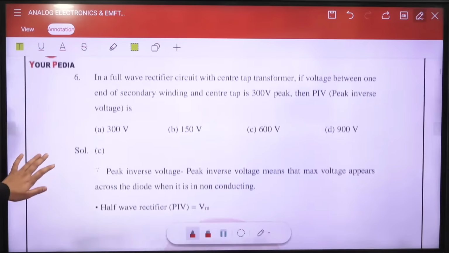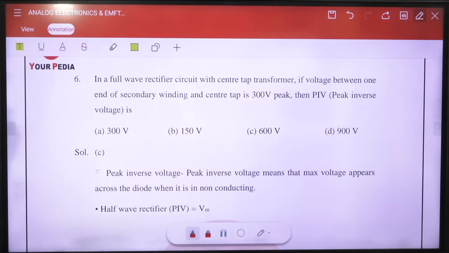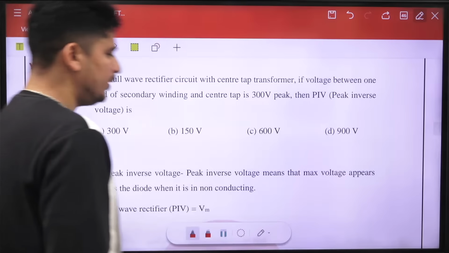Let's discuss this. A full wave rectifier circuit with center tap transformer type. If the voltage between one end of the secondary winding and the center tap is 300 peak, what will the peak inverse voltage be?